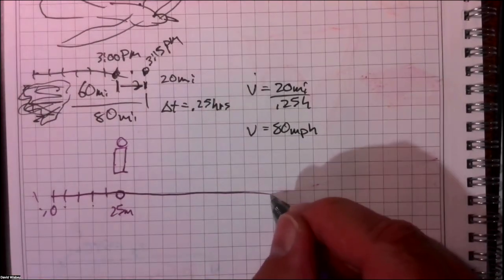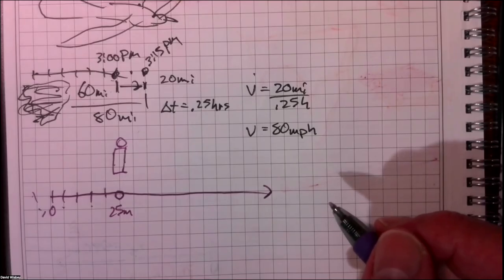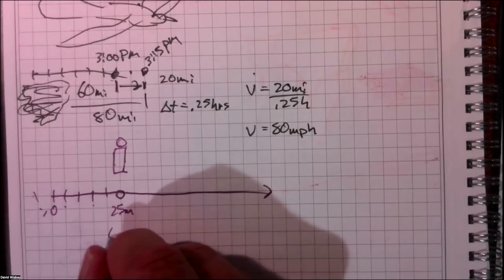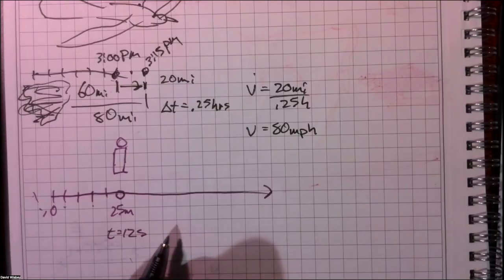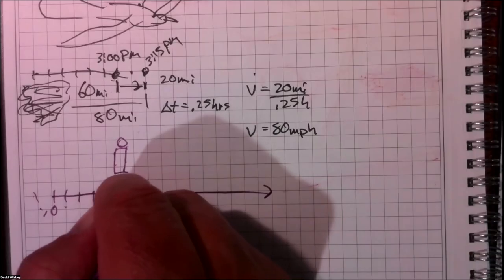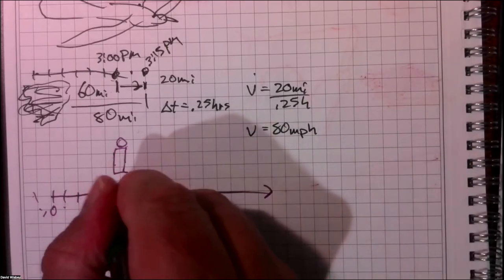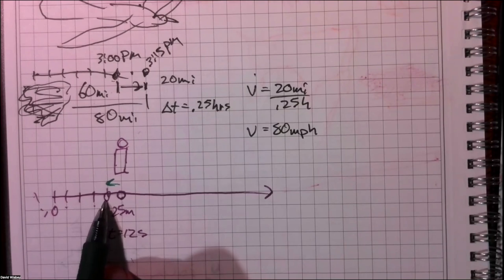Please, please draw pictures. And then 5 seconds later, so we'll say this is t equals 12 seconds. At 5 seconds later he is at 20 meters. Oh, he went back this way. So Frank moved this way. He went from 25 meters to 20 meters in 5 seconds.